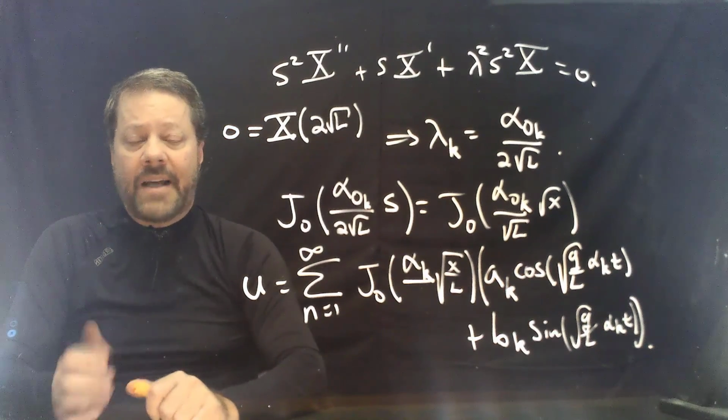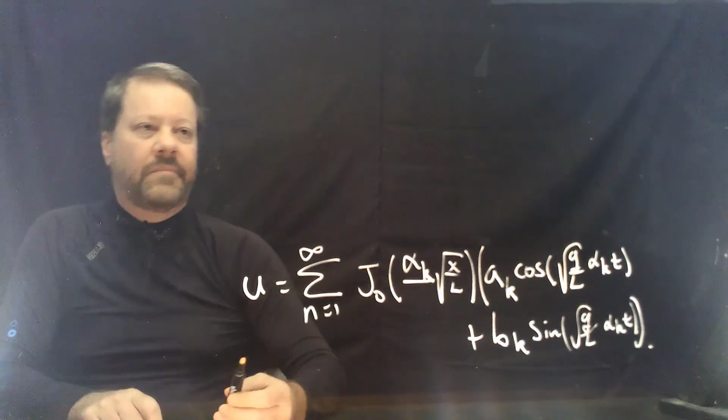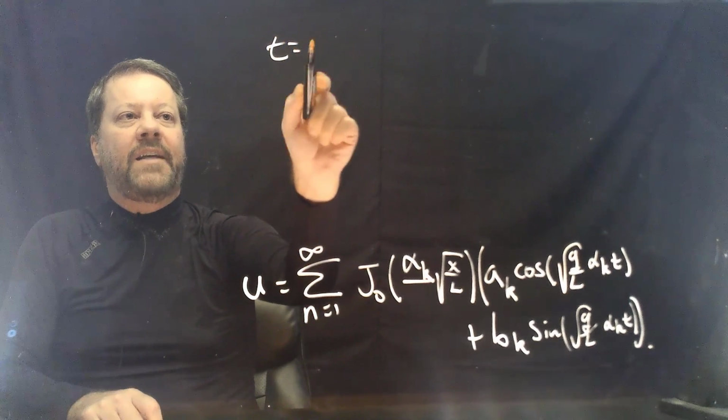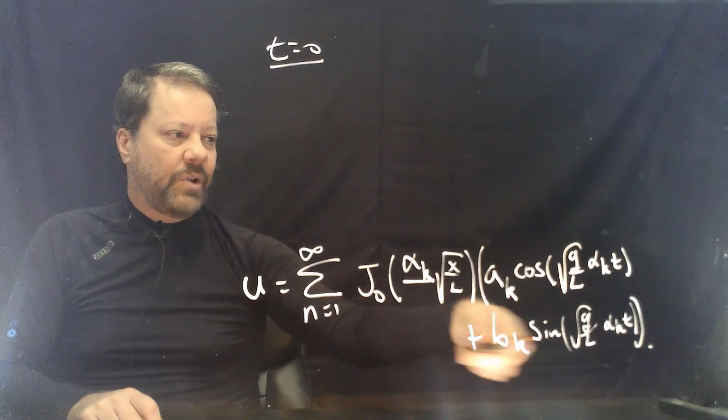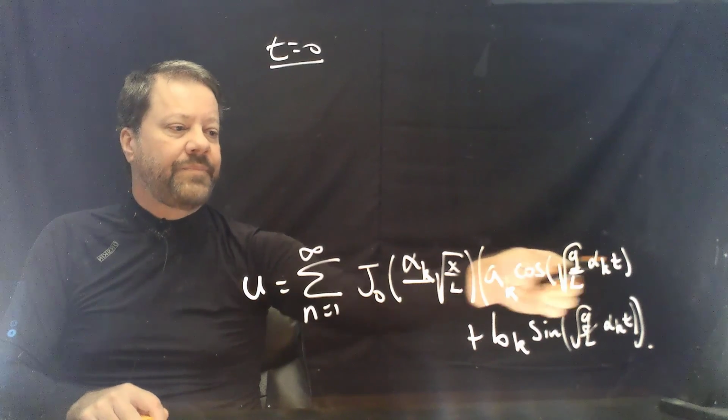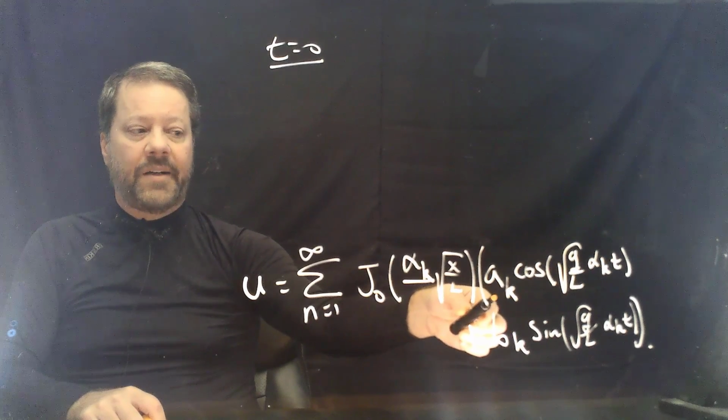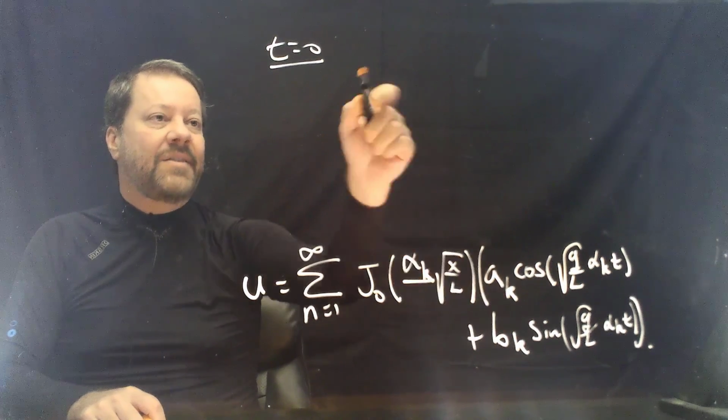We now just have to get the initial data right. If we set t equal to 0, this term will go away. This will be 1. We'll have the ability to solve for these a sub k's.